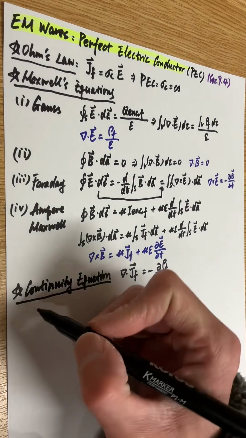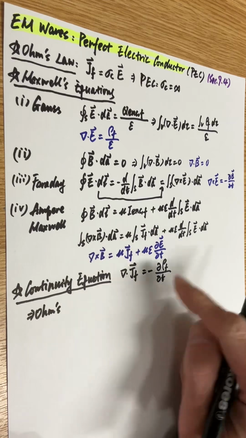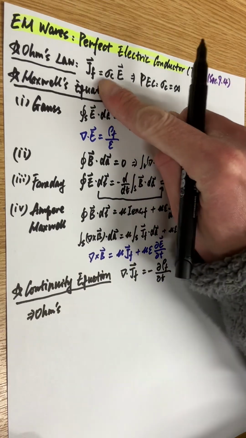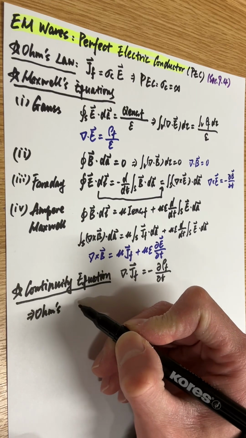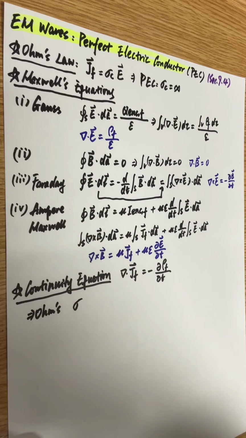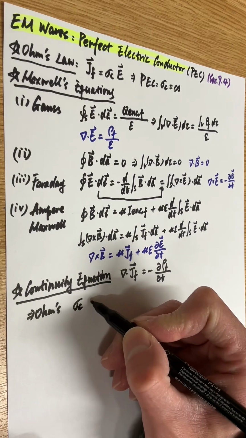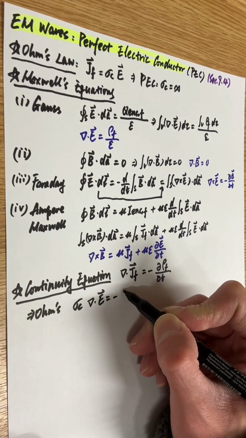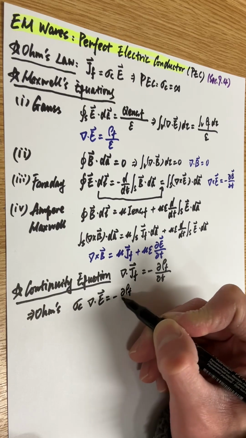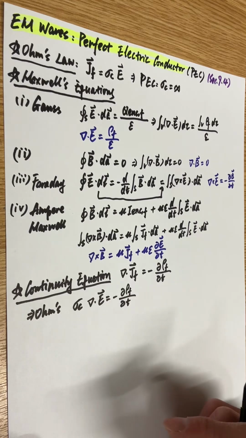So now if we apply Ohm's law to this, we have sigma C, and then divergence of E equals minus d rho F dt, where rho F is the free charge density.